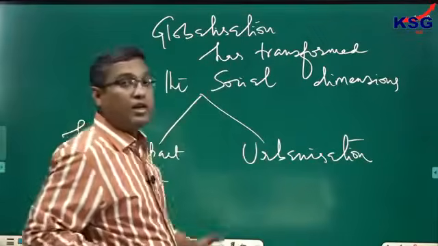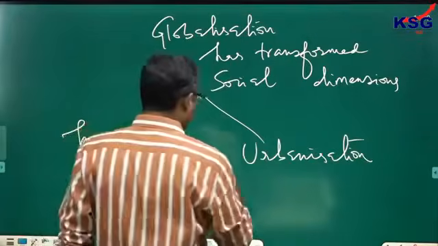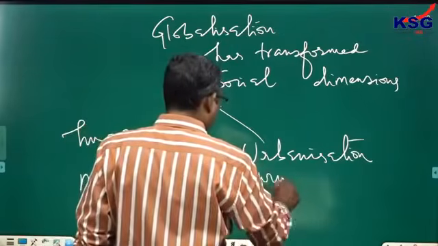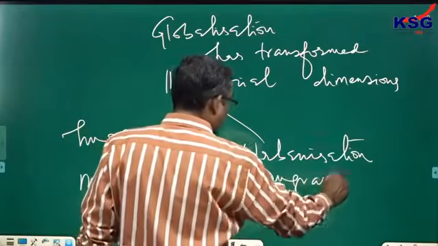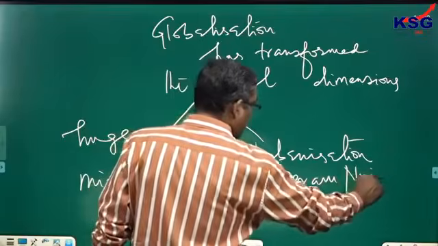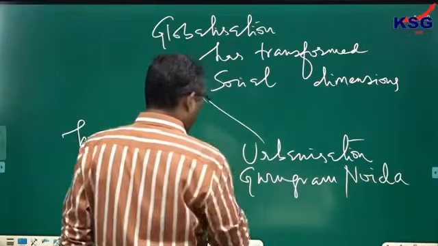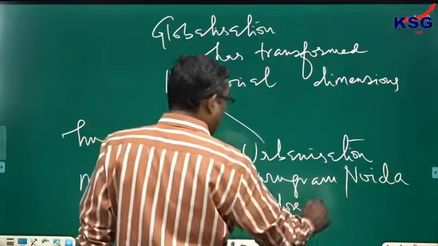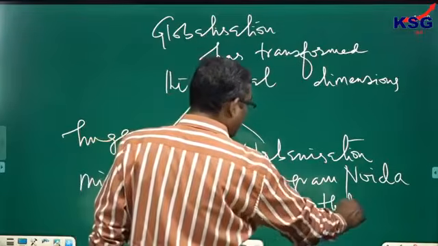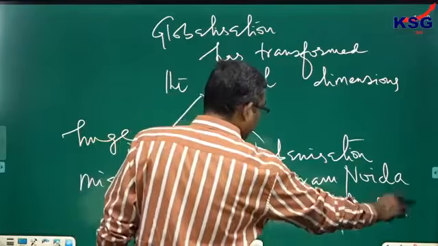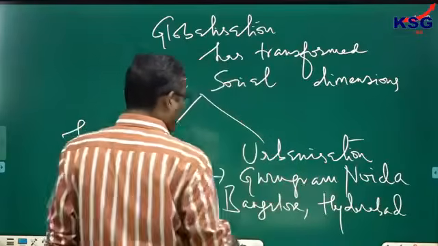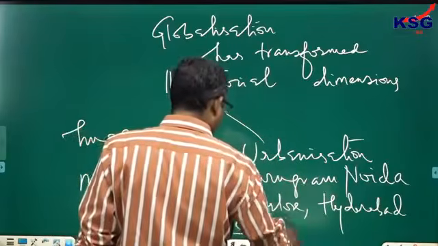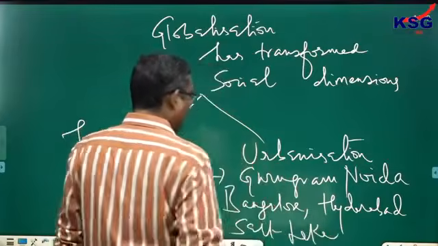All the new prosperous millennium cities that you are witnessing, for example, Gurugram, Noida, Bangalore, Hyderabad, then your Salt Lake in Kolkata, they are what they are.